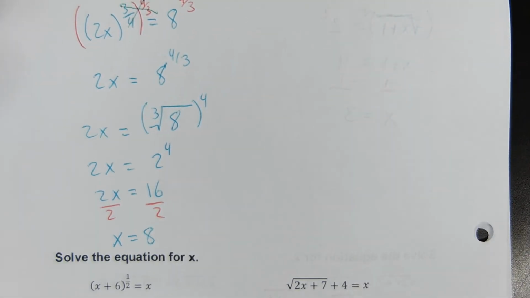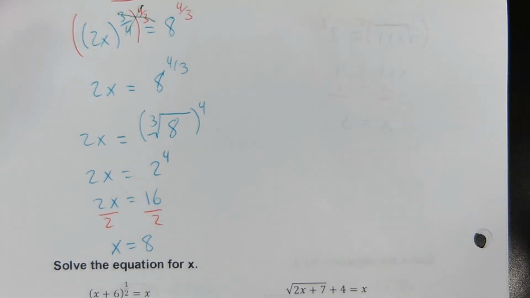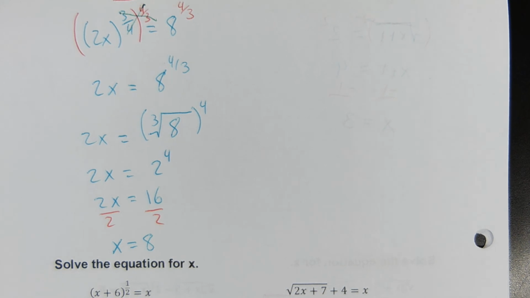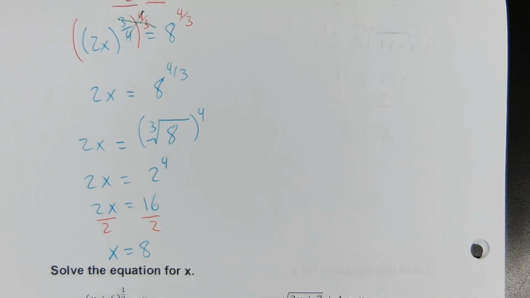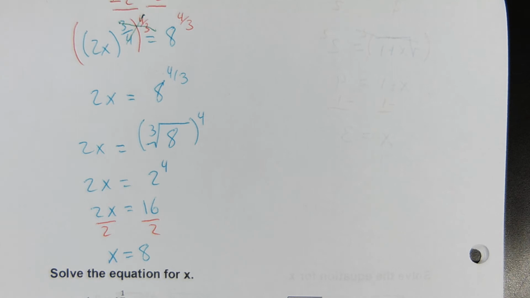And I forgot to graph my last two examples, but I do think it's worth seeing. So I'll go ahead and graph this one that we just did. We have 2x raised to the 3/4. I'm going to do 3/4 as 0.75. The 3 over 4 power is 0.75.